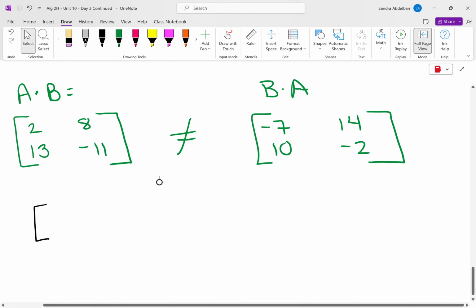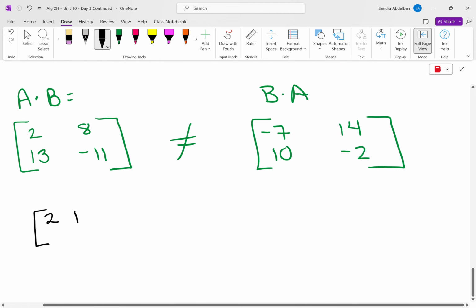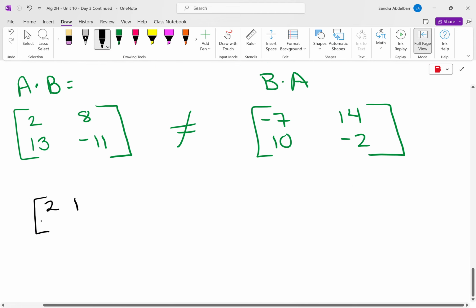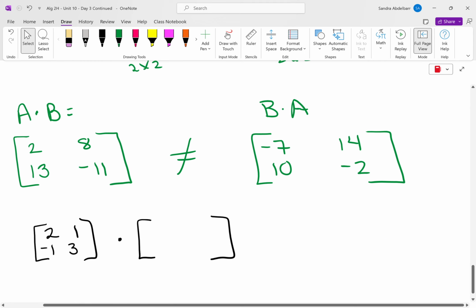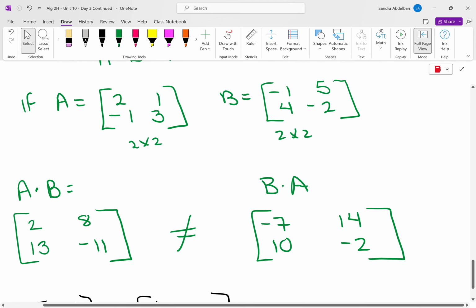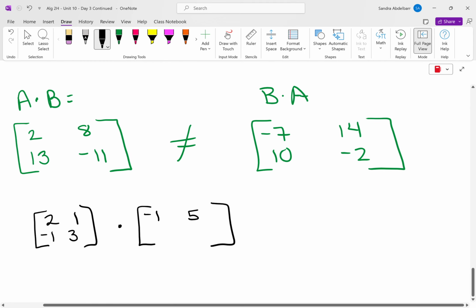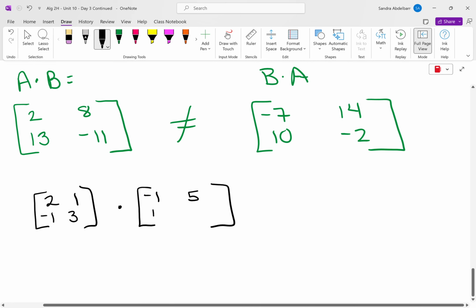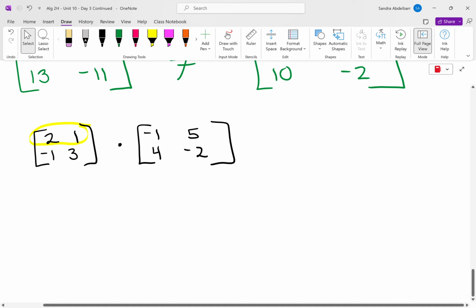Yeah. Okay, so for A times B, we have 2, 1, negative 1, 3 times B, which is negative 1, 5, 4, negative 2.